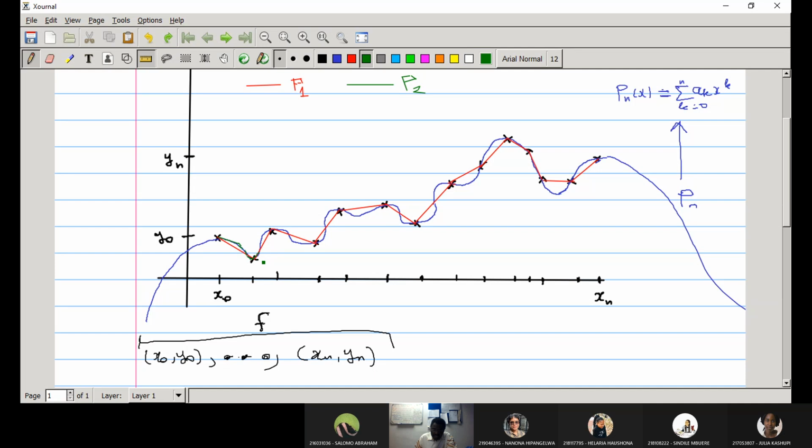The best a second degree polynomial can do at this stage, either it will go like this, because it's a parabola.